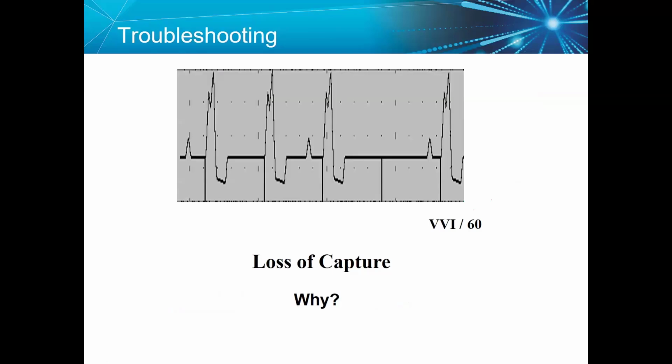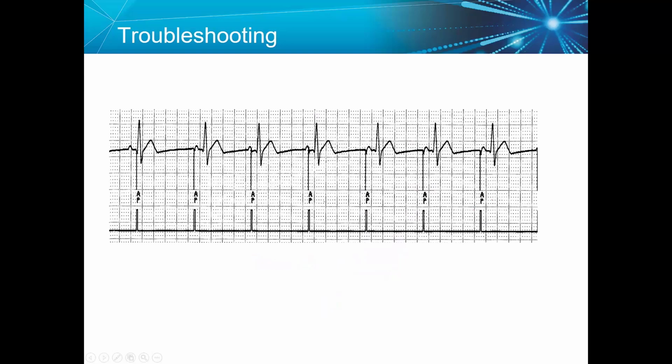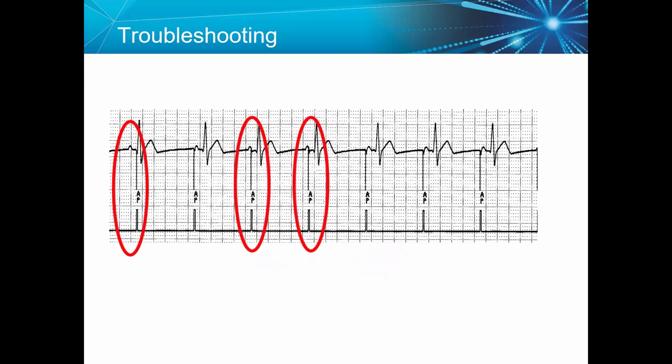And what we see here is an atrial sense, okay, but there may be a VVI pacemaker: there is ventricular pacing, ventricular pacing, and a spike without ventricular depolarization, without capture, loss of capture. Why loss of capture? Okay, there are a lot of possible reasons.